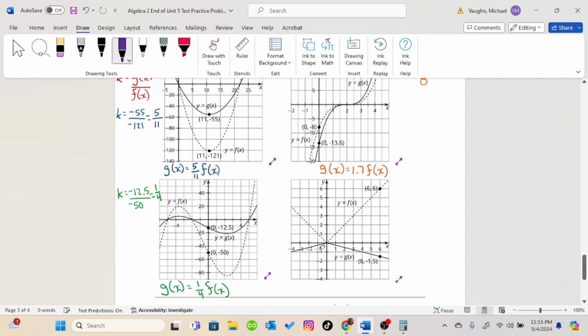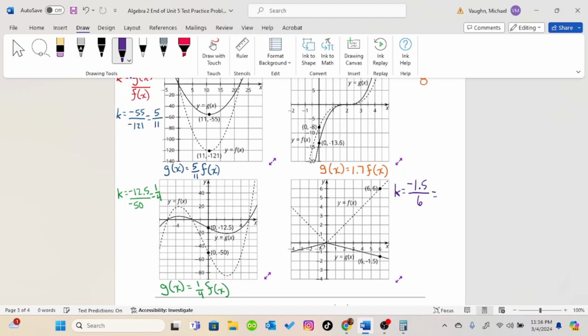And in the bottom right, we know that k equals the y value of g, which is on this solid line, so that's negative 1.5, divided by the y value of f, which is on this dashed line, and that's 6.